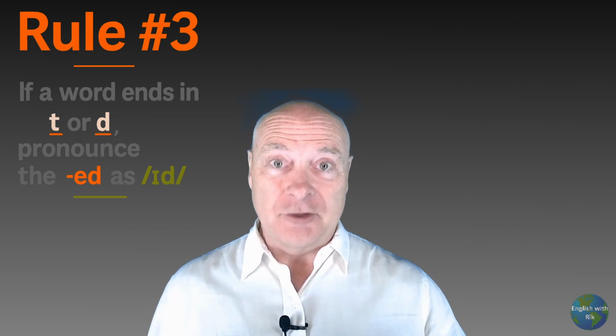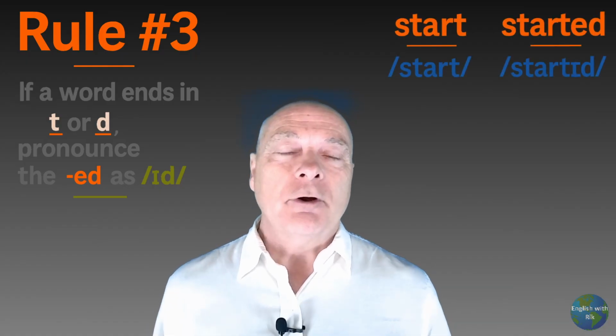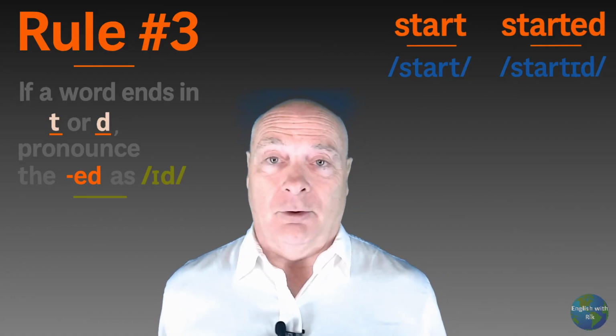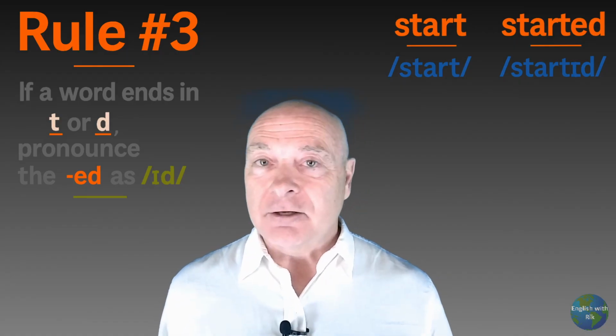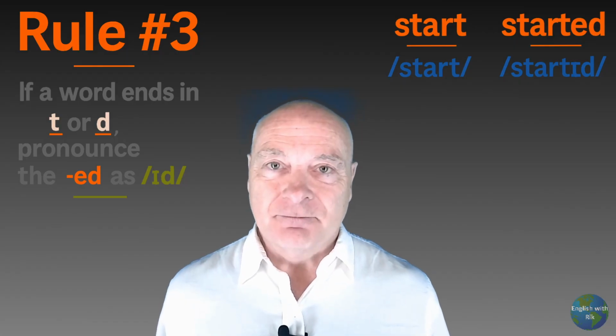Rule number three. When a word ends in T or D, and I want you to note here that those are the two sounds we were talking about that the ed sound can make after those voiced and unvoiced sounds we just talked about, like the word start. If a word ends in a T or D, like the word start, we add a whole syllable, and then start is pronounced with an ed at the end as started.